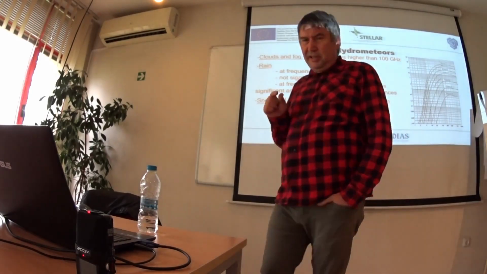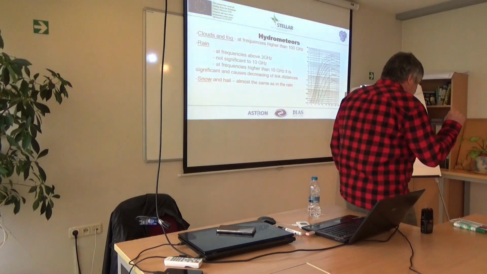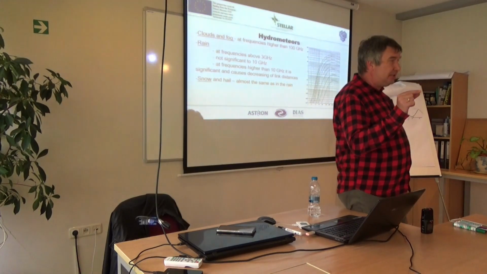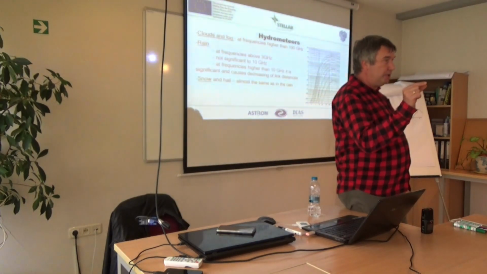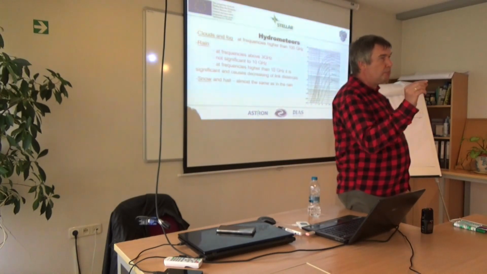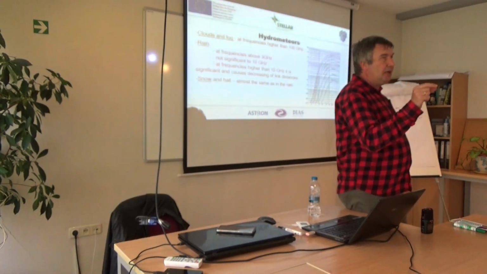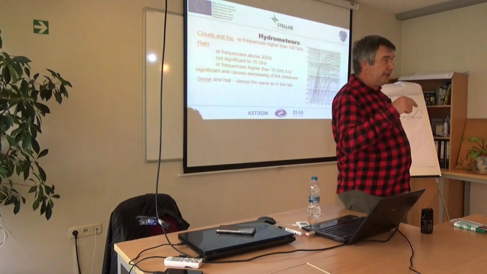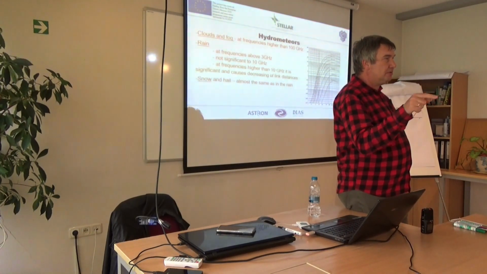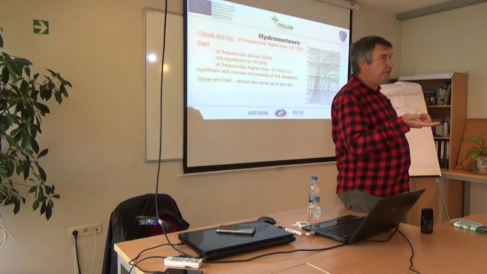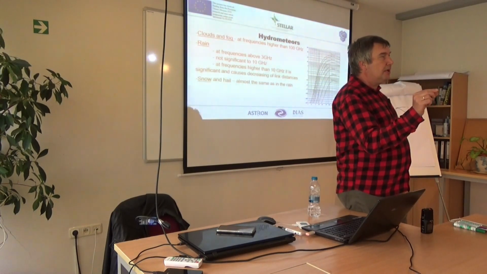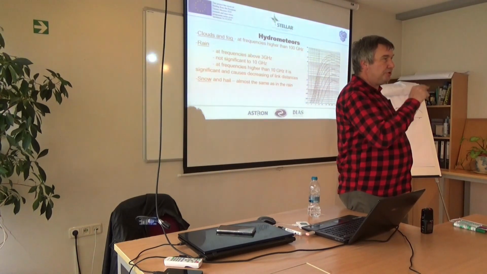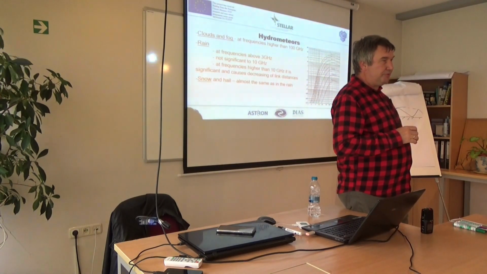At 100 gigahertz, the wavelength is 3 millimeters. At 200 it is 1.5 millimeters. Most of the raindrops in the rain are of the same size, 1.5 to 3 millimeters. And therefore the max of attenuation is for these frequencies.